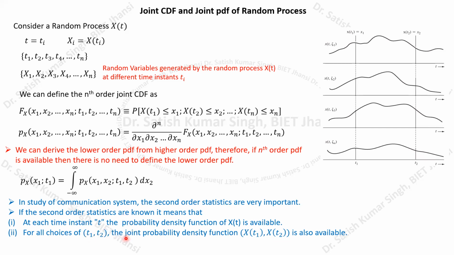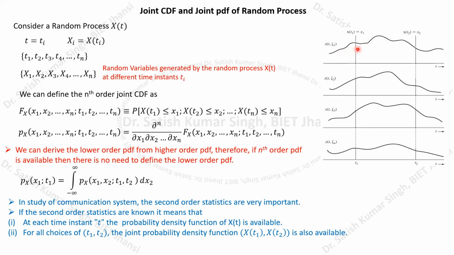For all choices of T1 or T2 means that, as you can see here, I have taken T1 at this point, and then after a certain time we have considered T2, but this T2 can be anywhere. You can take T1 at this point also, or T1 here and then T2 here.